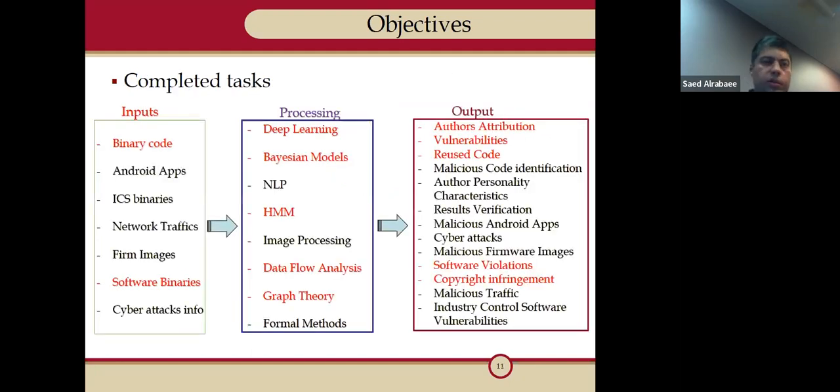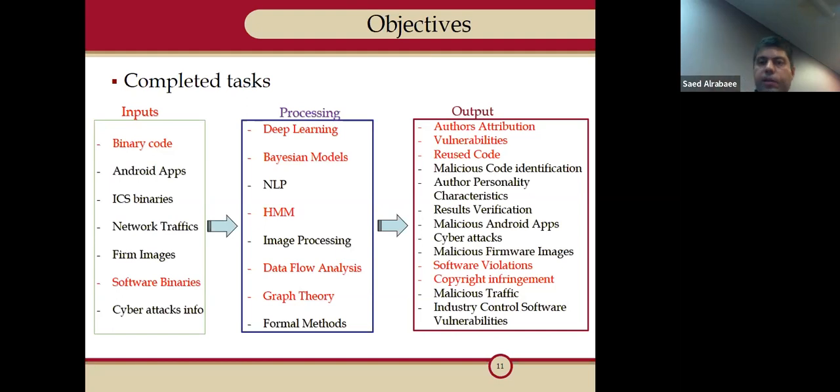Now, what we did so far: we tried to do some authorship attribution. We have some tools, which we made available on GitHub. We discovered some vulnerabilities. We try to discover some reused code, some software copyright problems, and also some software violations, if there is any breaking of policies. We used deep learning, hidden Markov models, data flow analysis, graph theory, and Bayesian models.